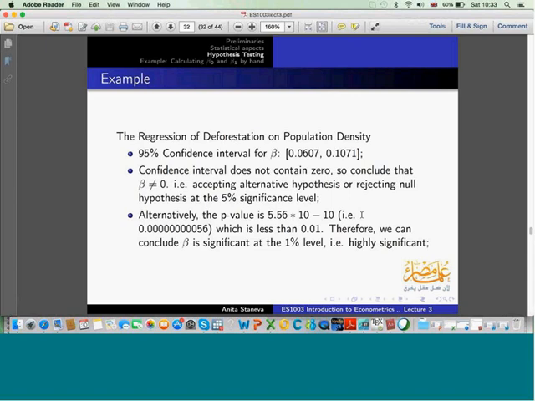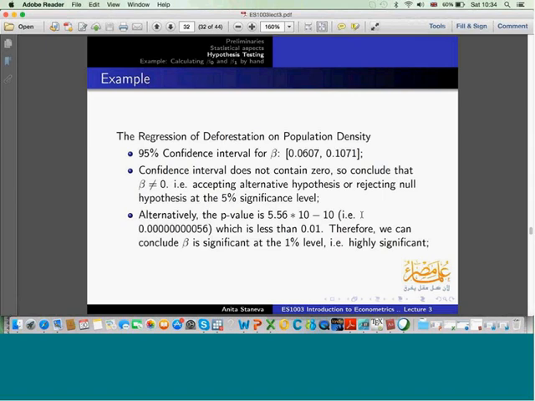So if we choose to reject using the confidence interval procedure, the confidence interval does not contain 0, so we can conclude that beta is not equal to 0, or we are accepting the alternative hypothesis, or rejecting the null hypothesis at the 5% significance level.